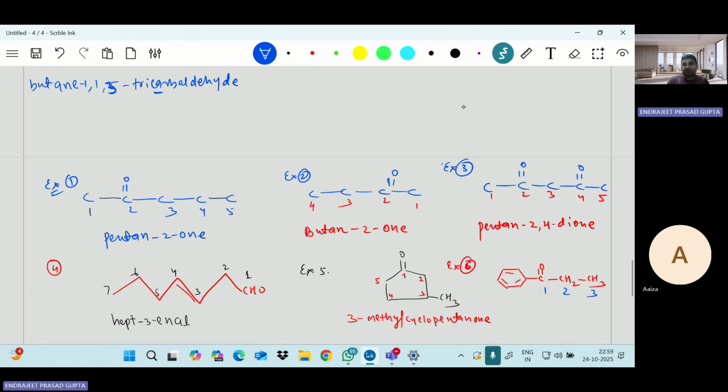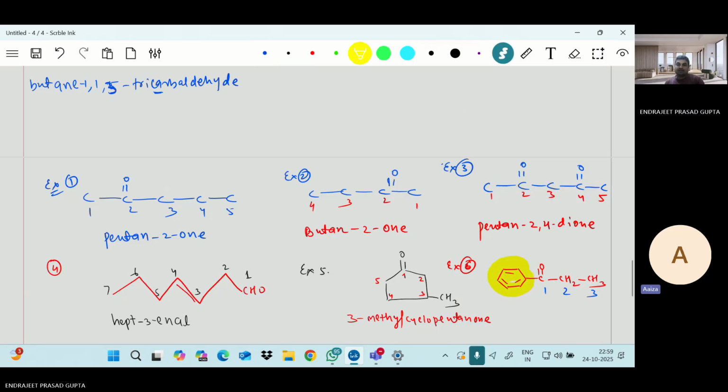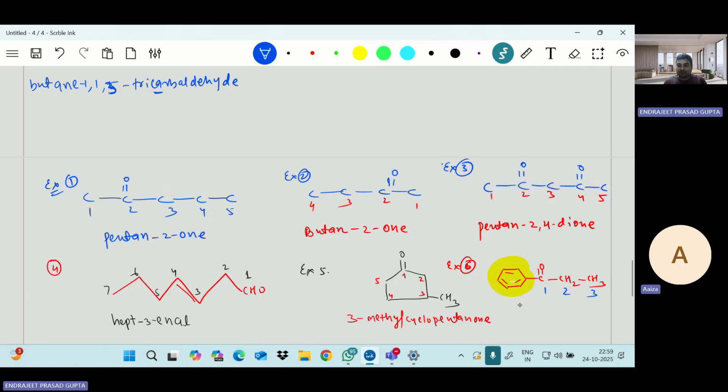This will be the substituent, and the substituent benzene is phenyl. 3 carbons is prop, and single bond is there, so AN, remove E, and first position, so 1 one. Any confusion?